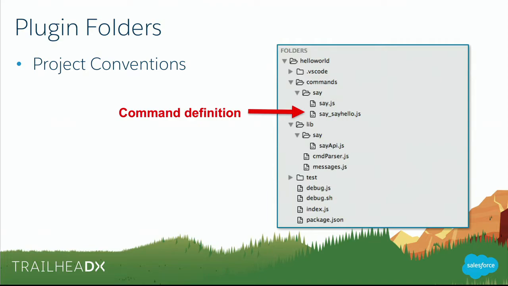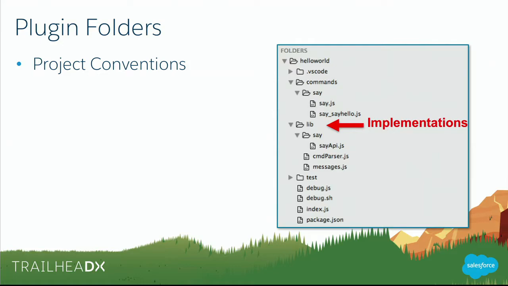Topic colon command. Anybody, shout it out. Right, say colon hello would be the command, or say hello. I've created a JavaScript file that has a topic, underscore, and the name of the command. So I'll never get lost or wonder where my commands are defined.